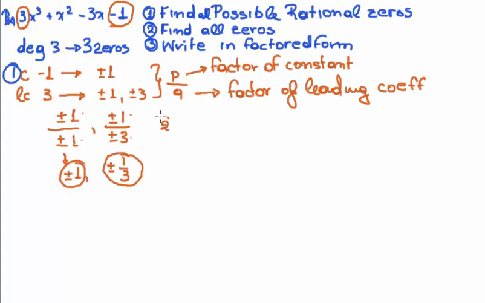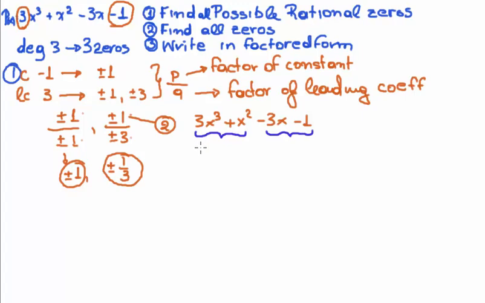At the second step, what I need is to find all the zeros. I consider my polynomial, that is 3x to the third plus x squared minus 3x minus 1. What I can see right here is that I can factor in pairs, so I can group factor.